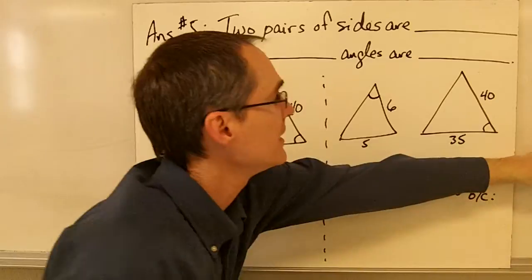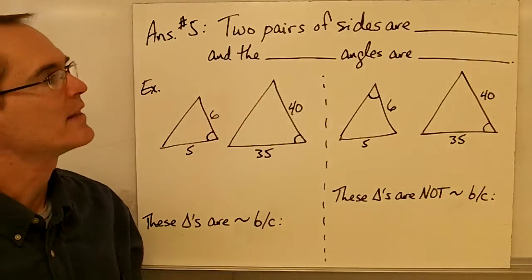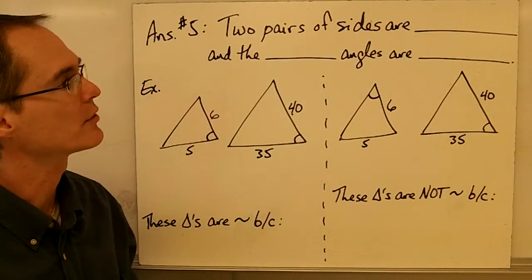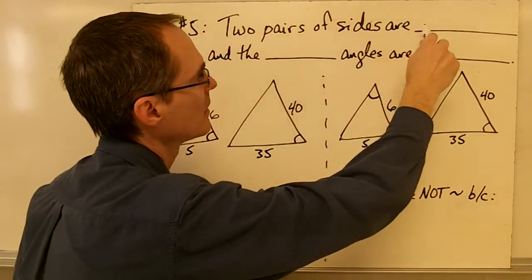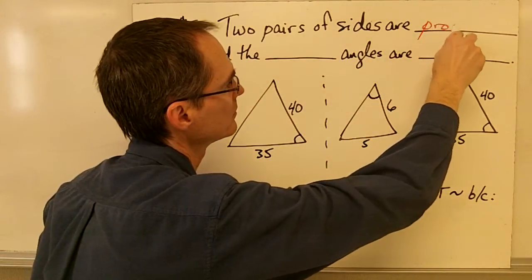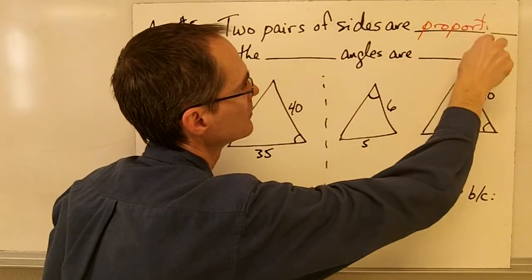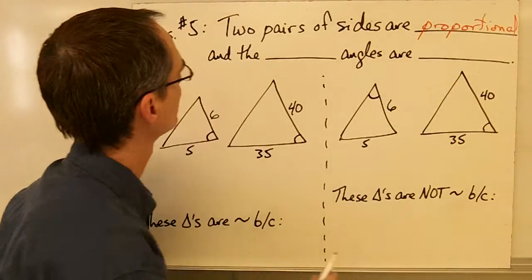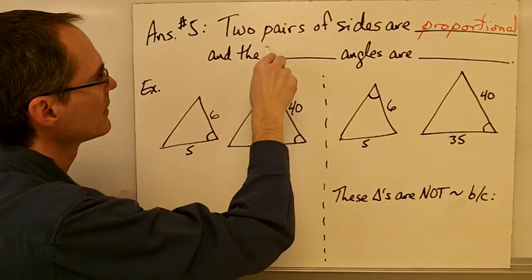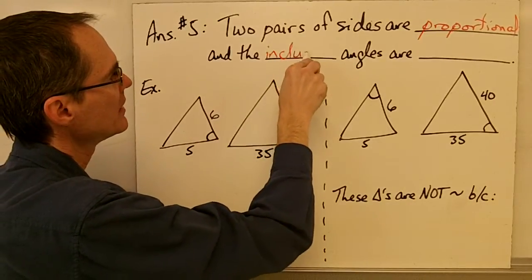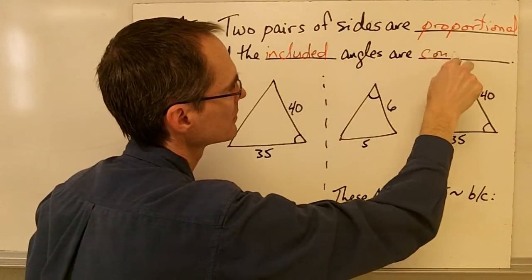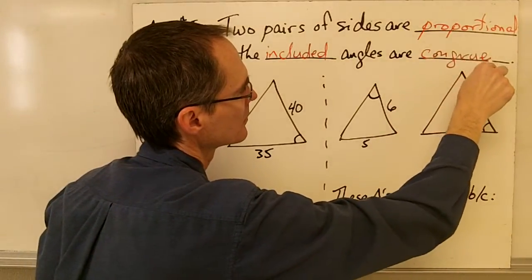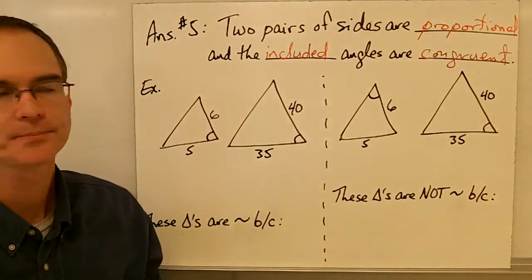And finally, the last way that we can answer the question, how do you know if two triangles are similar, is if two pairs of sides are proportional and the included angles are congruent.